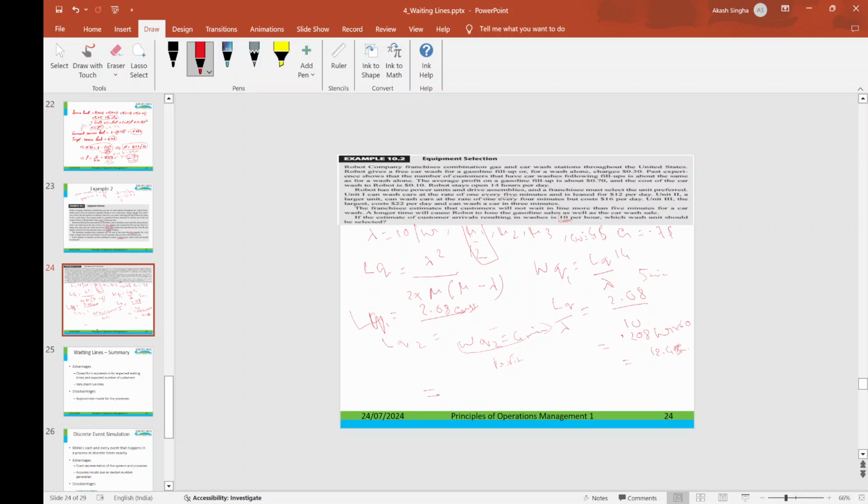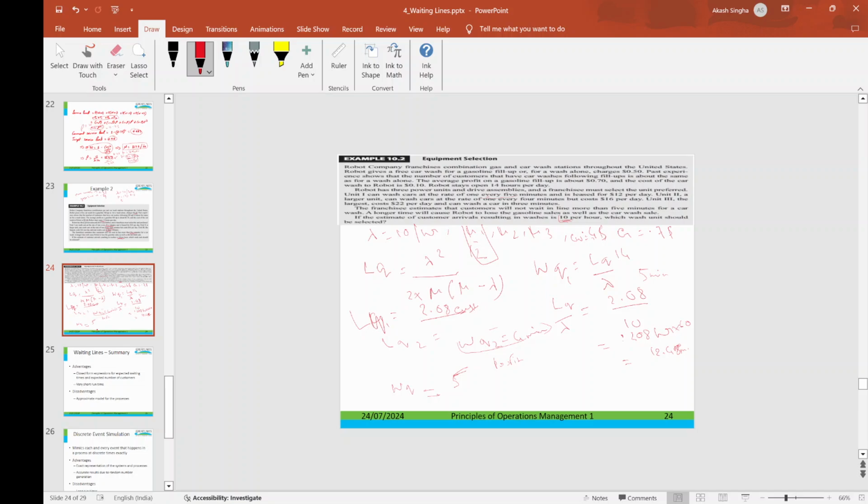It is given that WQ should be 5 or less, right? So we are calculating what should be the WQ. So for the first one, if the waiting time is 5, what should be the arrival rate?